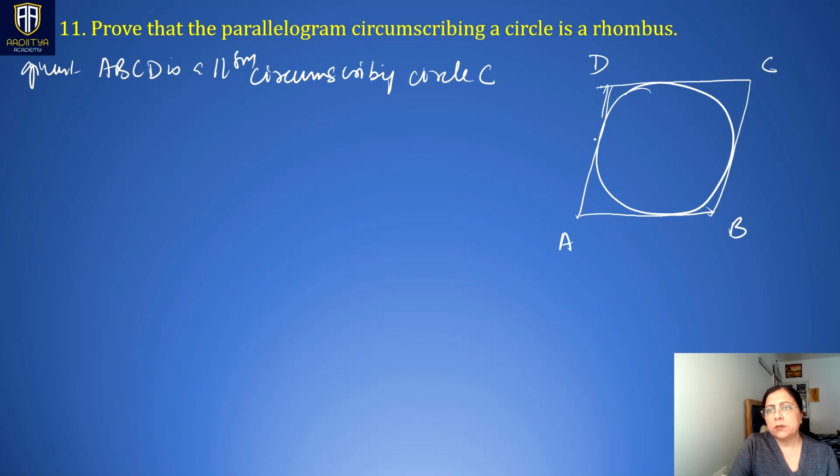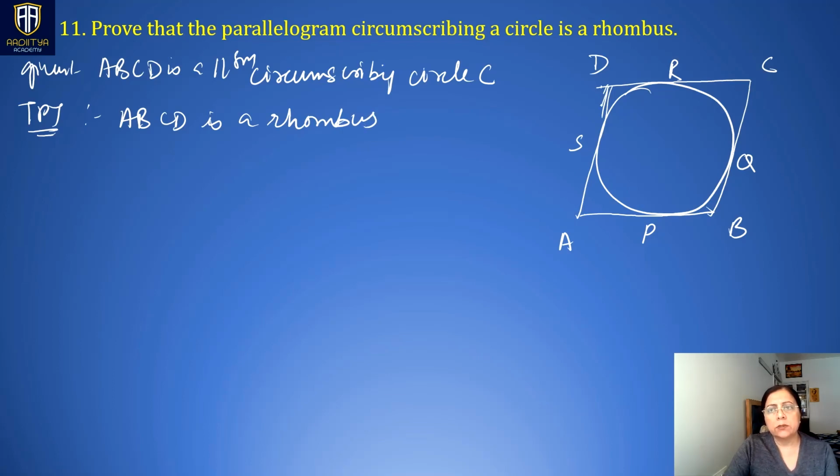What we have to do is let these points of contact be P, Q, R, S. This is given that ABCD is a parallelogram. We have to prove that ABCD is a rhombus. For that we need to prove, see, a parallelogram already has opposite sides equal, but in rhombus we need to prove that the adjacent sides are also equal. So this is the target. You need to think and move in that approach.